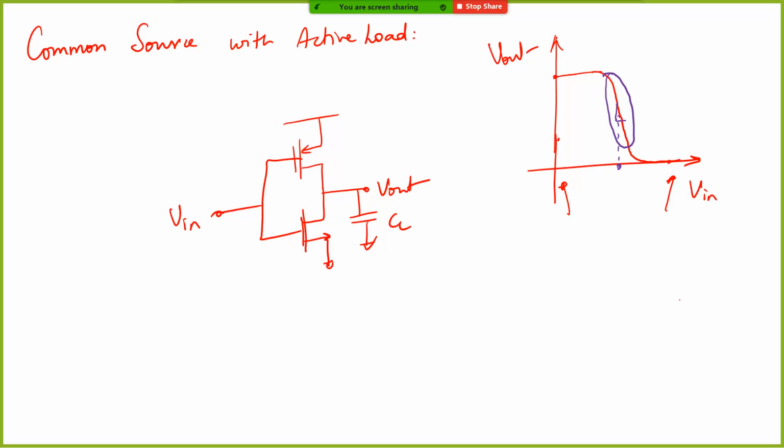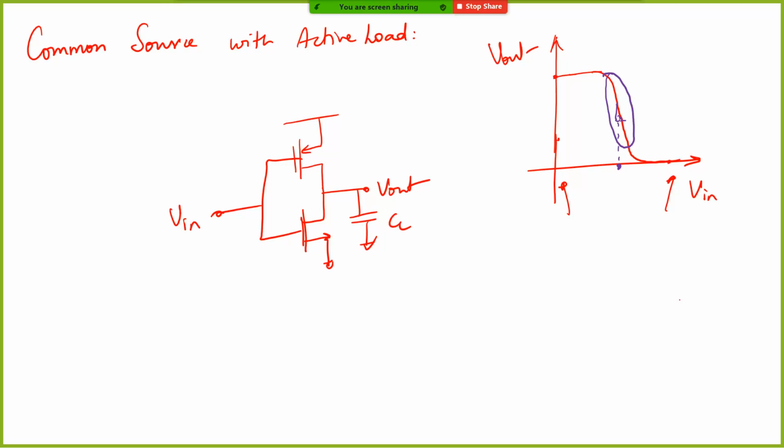So if you bias your transistors in this region, where both the PMOS and the NMOS are on and both are in the saturation region, then you end up having an amplifier.